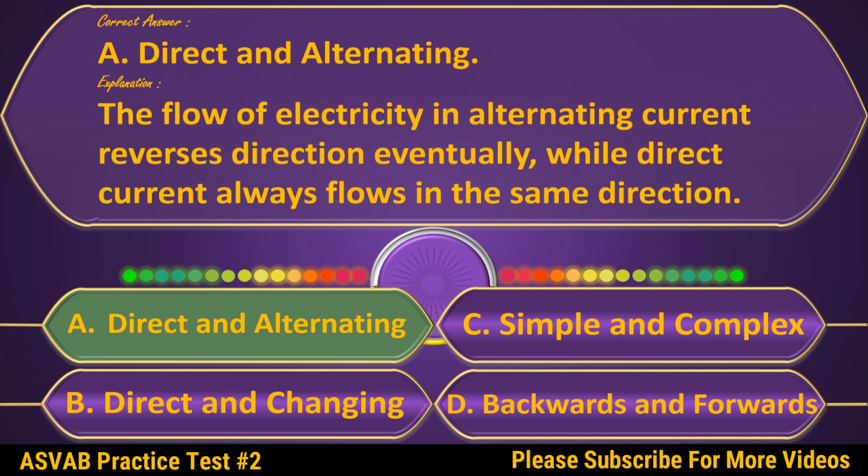The correct answer is option A, direct and alternating. The flow of electricity in alternating current reverses direction periodically, while direct current always flows in the same direction.